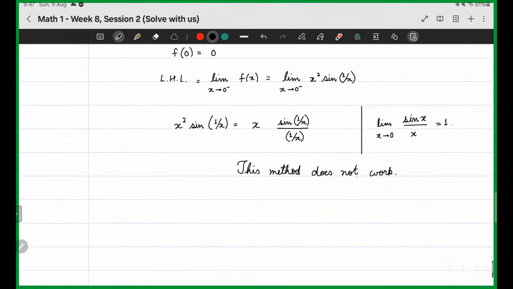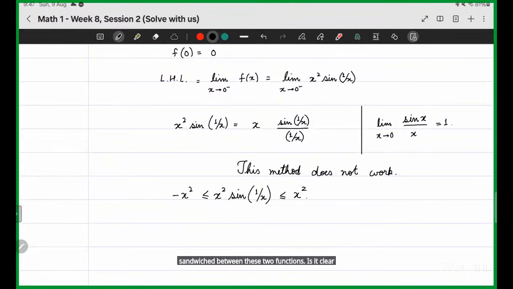So now what we will do is use, as suggested by one person earlier, the fact that this can be sandwiched between these two functions. Is it clear why this is true? Yes. Right. What about the bounding functions?